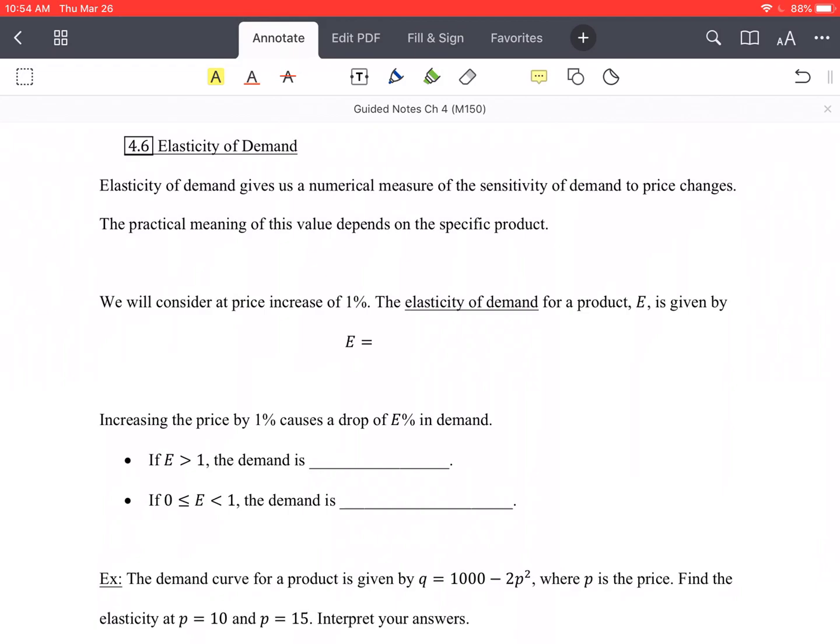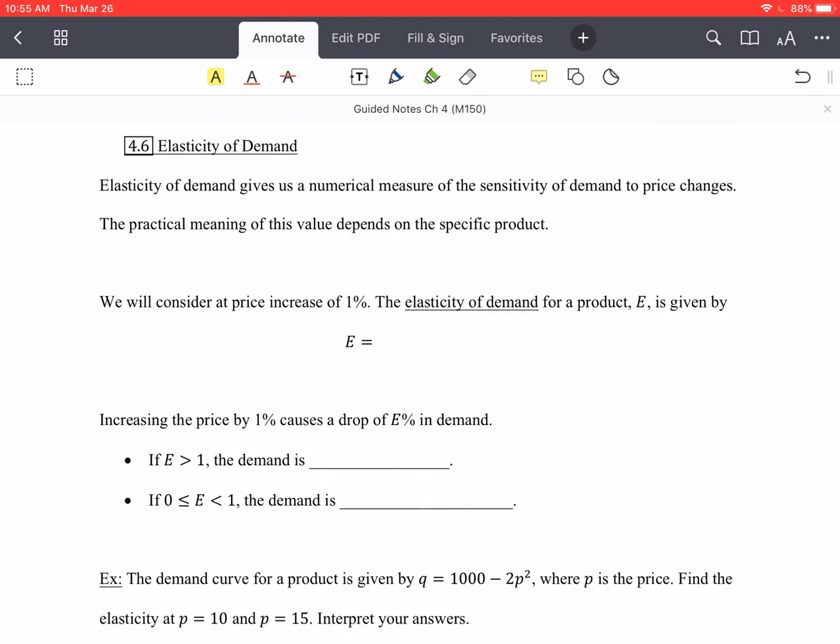And I say, well, I didn't really need a flat screen TV, or I really didn't need that one. Maybe I'll find a cheaper alternative. So the demand for the product is going to drop if the price goes up because people don't need it as much, right? Or people are willing to find alternatives. So that product would be considered elastic because there is a lot of change in demand.